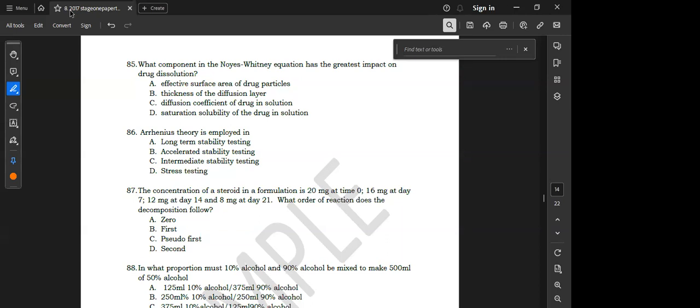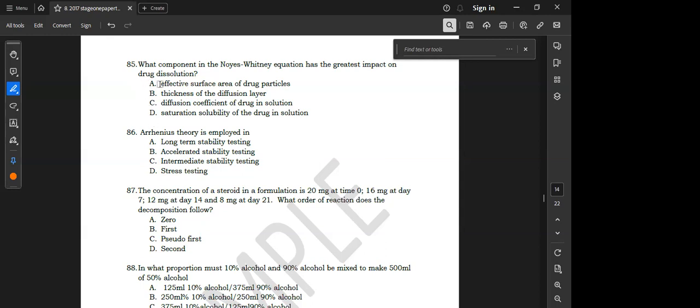Okay, I'm also seeing that it depends upon the solubility, the concentration of the solute in the solution, and the surface area of the solid. So surface area, solubility, and the concentration of the solvent. Yes. I think it depends on the first three except the last one.